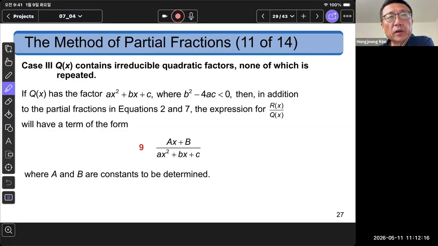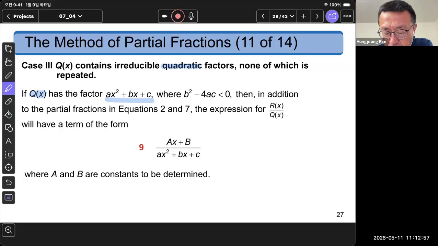And whenever your qx has ax squared plus bx plus c, such an irreducible quadratic factor, but if you have only just one copy, I mean, if this quadratic factor is not repeated, so here in qx, case 3 considers the following: qx contains an irreducible quadratic factor, but they are not repeated, they appear only once.